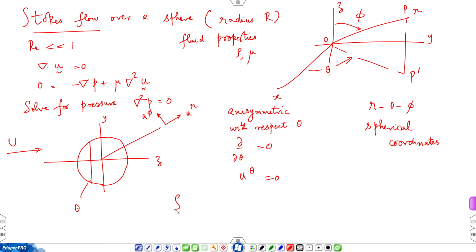The solution was derived originally by Stokes using this procedure, that is, first solve for pressure and then solve for velocity. I am just giving you the solution straight away.